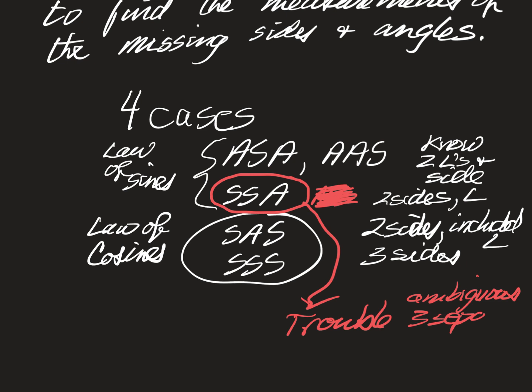So this is not really a joke. I actually always write it this way because that's like a clue. Oh, okay, this one's trouble. I need to think about it more because I've got to figure out which of the three separate situations I'm in. Okay? And we'll talk about that in a minute. That'll be the last thing we do today.